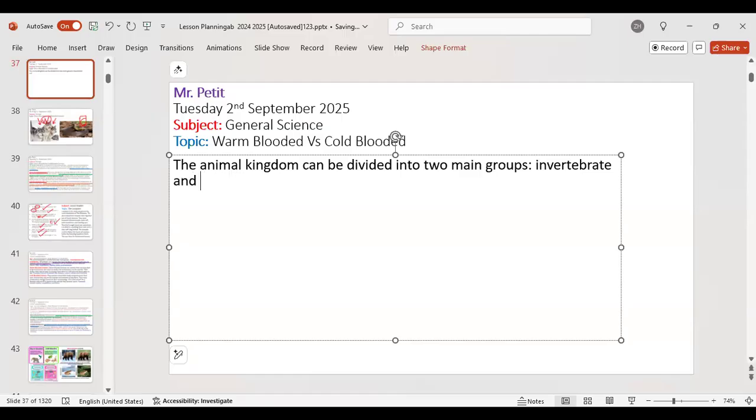One question: vertebrates have what? A backbone. Vertebrates are animals that have a backbone.